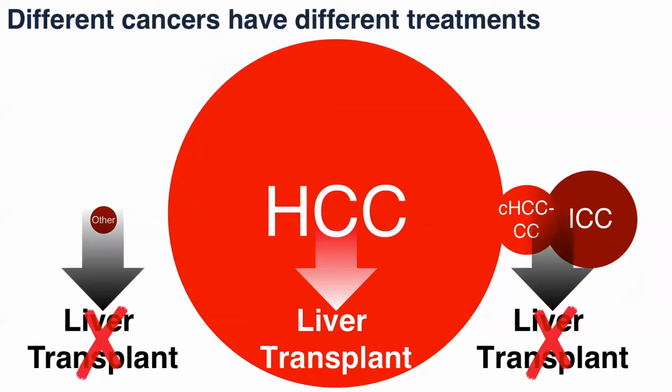However, liver transplant does not cure patients that have metastatic disease, does not usually cure people with cholangiocarcinomas or combined tumors. So liver transplant is not recommended in these other cancers. So now you can see why this distinction is so important, because one kind of cancer gets a liver transplant, the others do not.